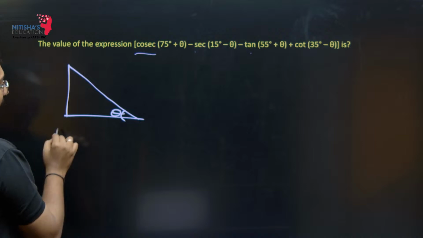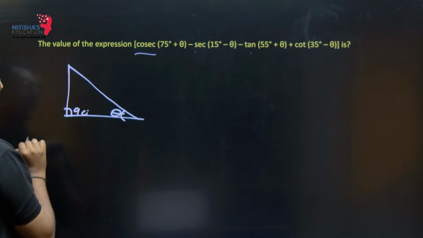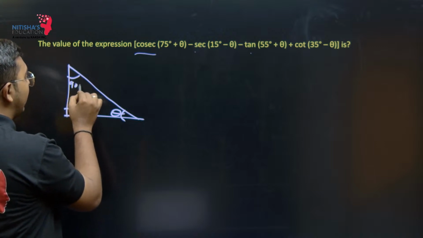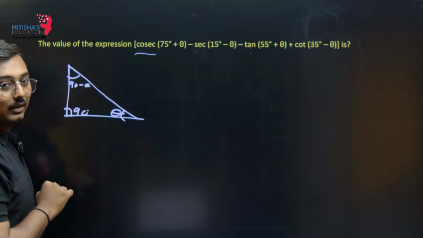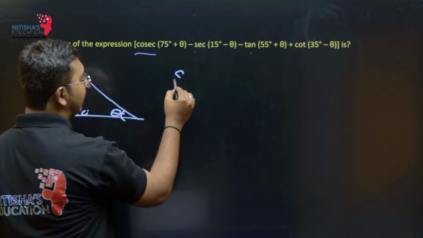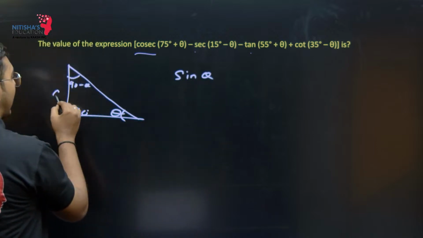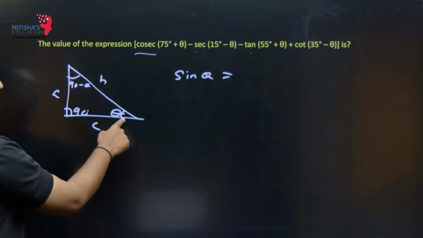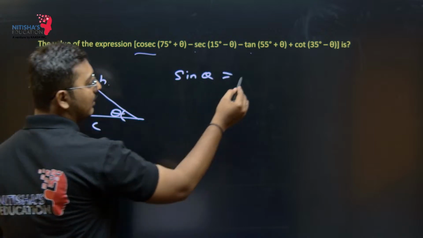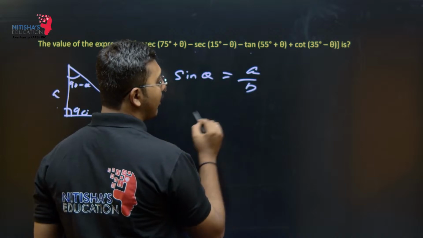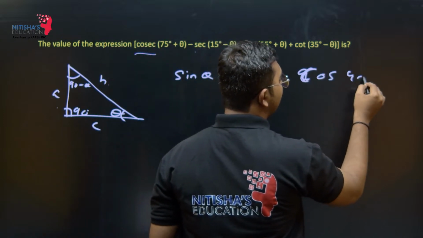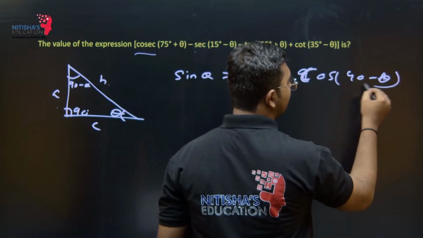Let us say this is theta, this is 90. So what will be the value of this? It is nothing but 90 minus theta. Now take sine theta in triangle ABC. What is sine theta from this? It is nothing but opposite upon hypotenuse, A upon B. But I write it as cos of 90 minus theta.